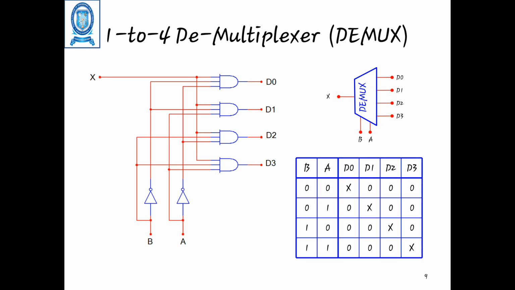For 0 0, the value is 0, so the input should be distributed through the D0 line. 0 1 means it is distributed through the D1 line, 1 0 means through the D2 line, and 1 1 means through the D3 line.